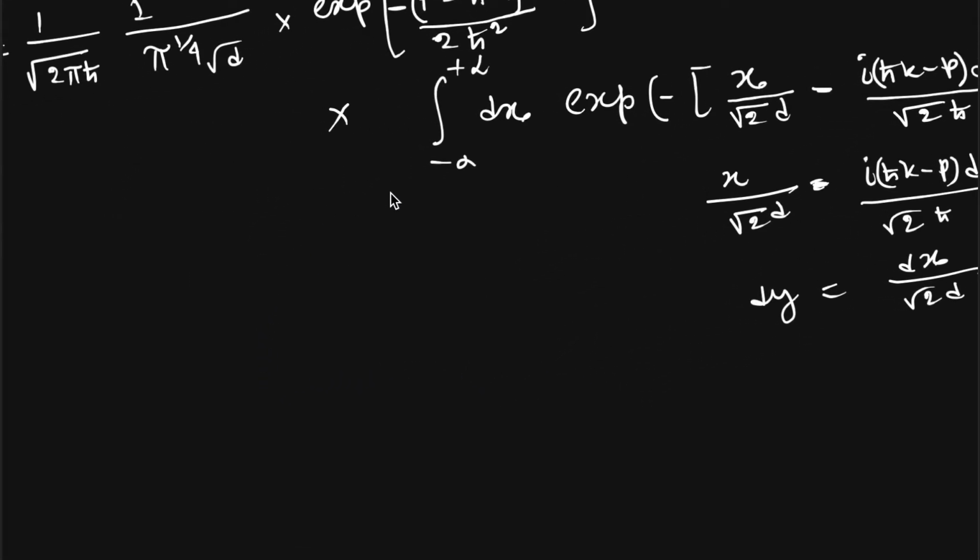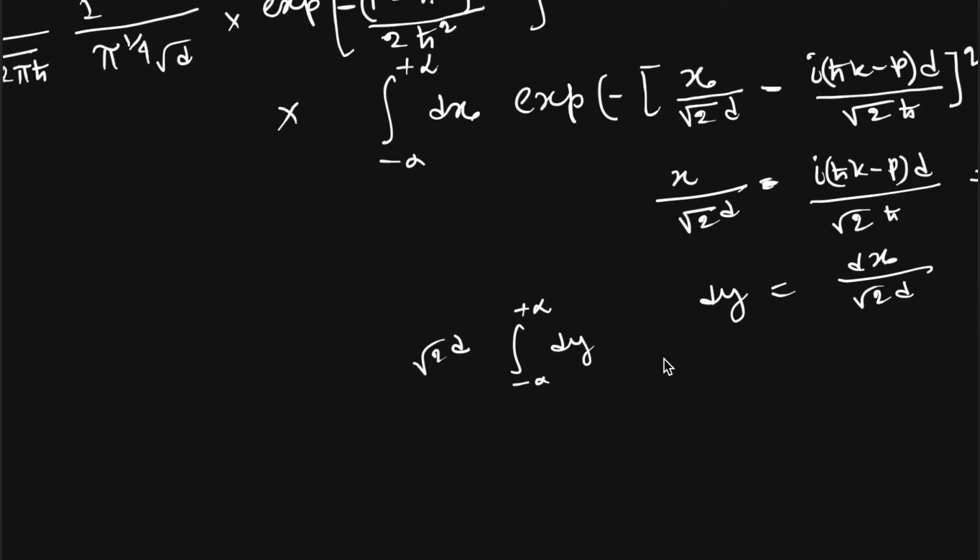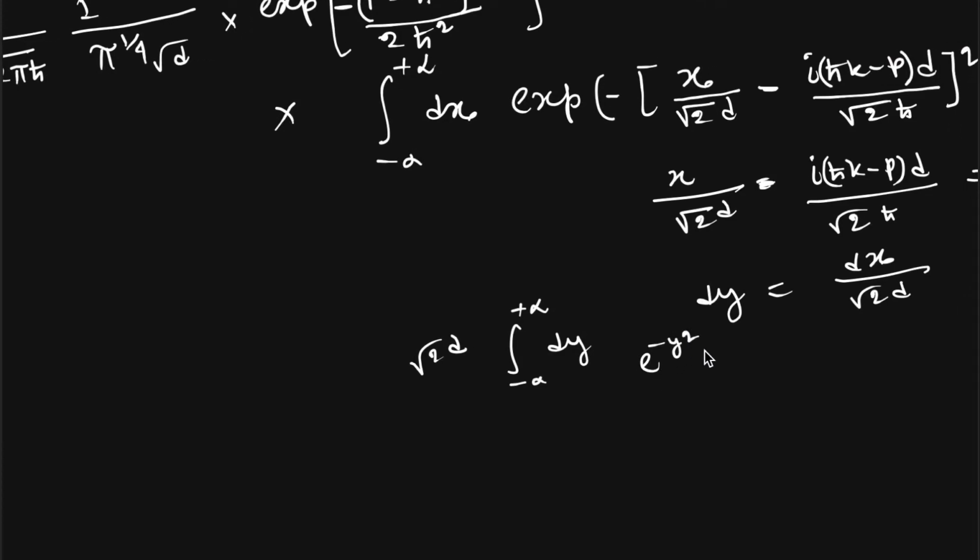So if we rewrite, this integration will become root 2d integral from minus infinity to plus infinity dy e to the power minus y square, that will be root 2d root π.